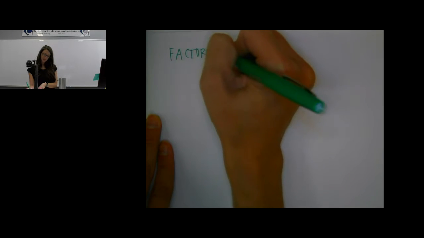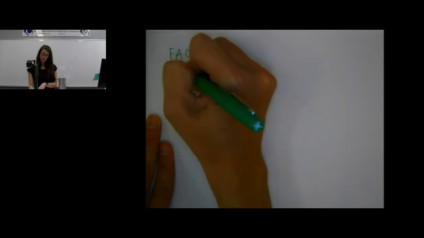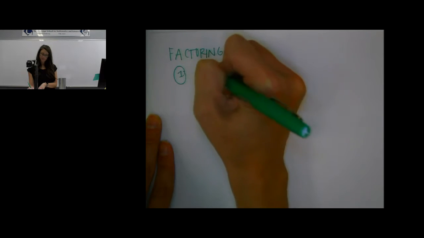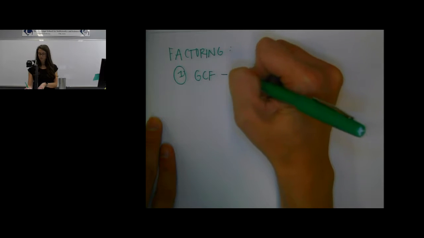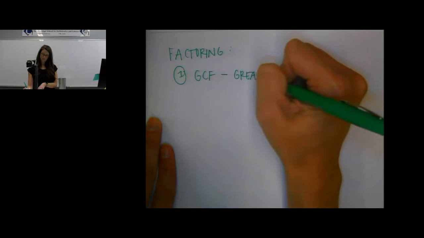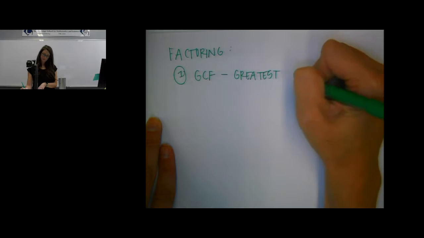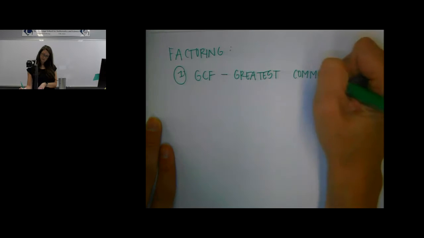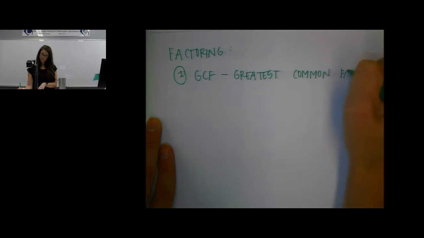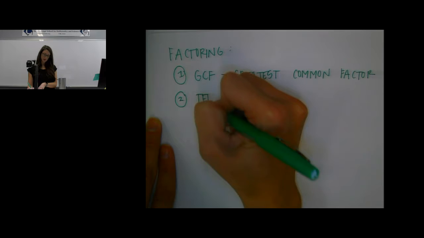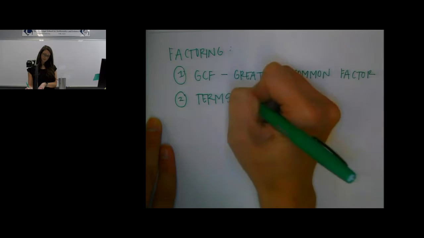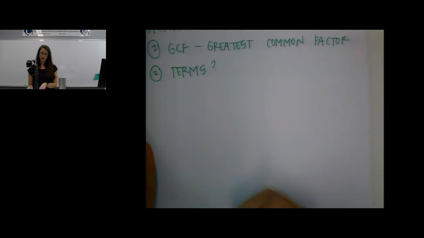The first thing that you look for is a GCF, greatest common factor. Then the second thing is you look at how many terms you have. So how many terms do you have?